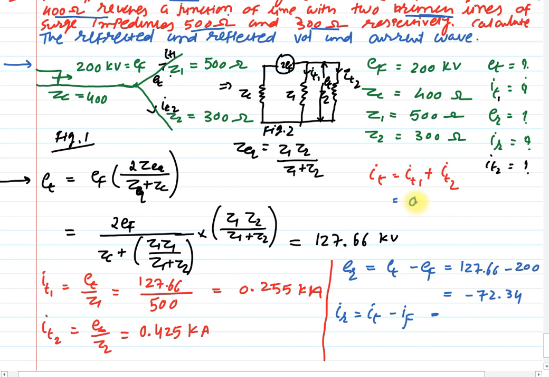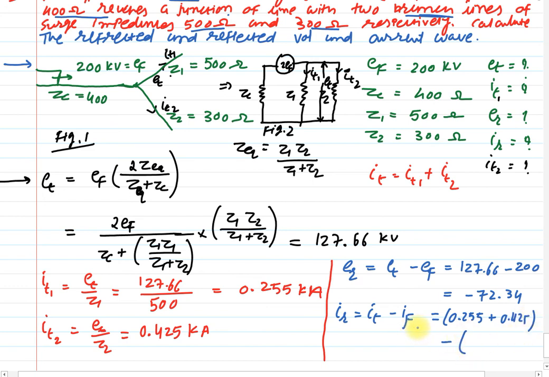So here IT is equal to 0.255 plus 0.425, minus IF.